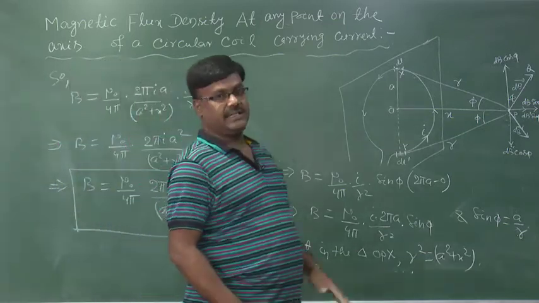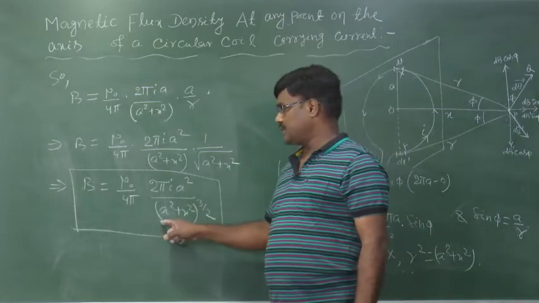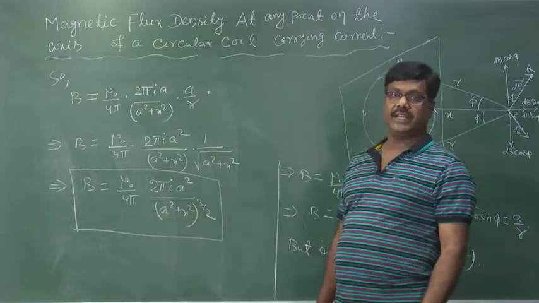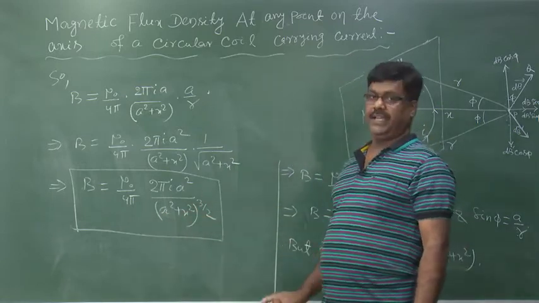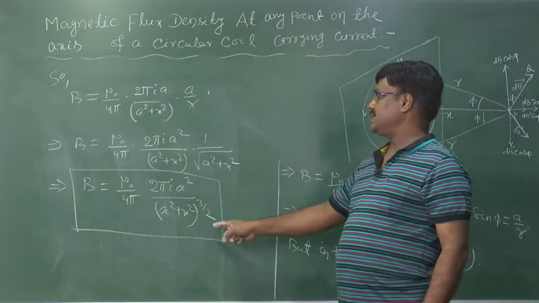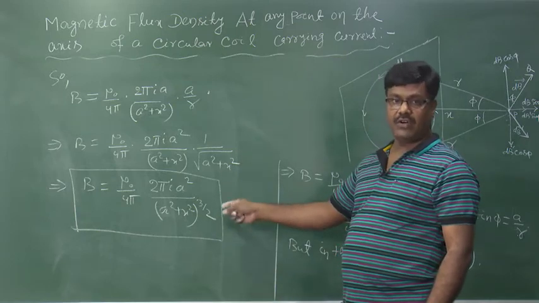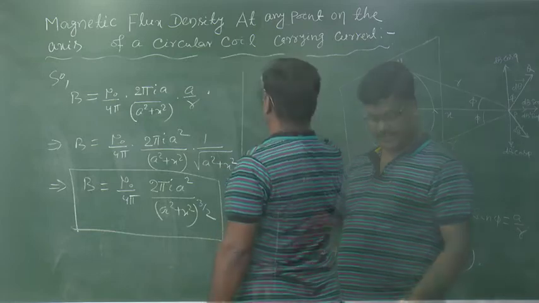This is the expression for the magnetic field strength at a point P on the axis of a circular coil carrying current.